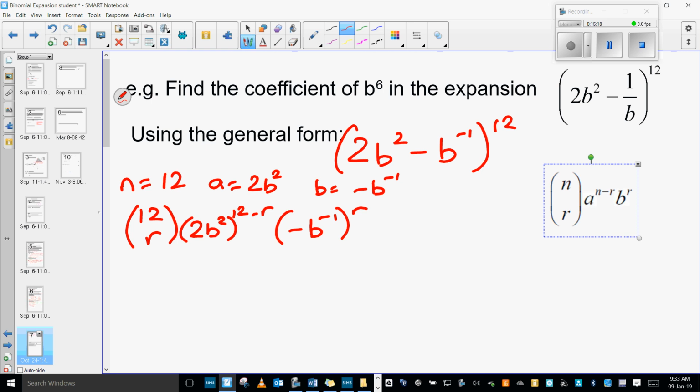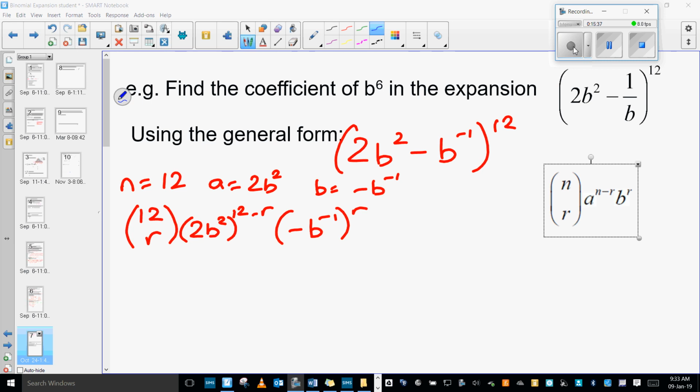Okay, so let's just read like that first. So we established that this first number doesn't affect our power. This number here is not going to affect our power either, and the negative value isn't either. All we're really interested in is the powers of b.